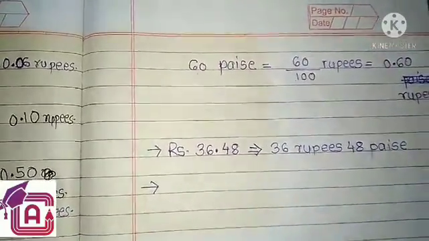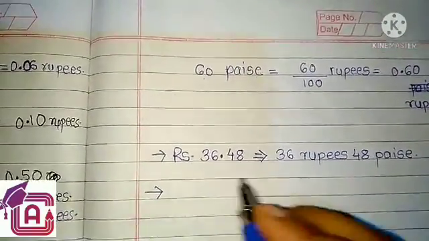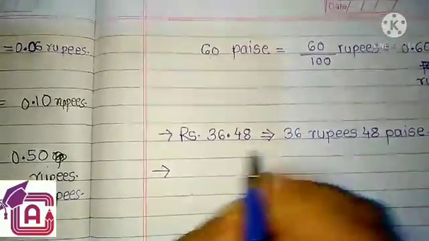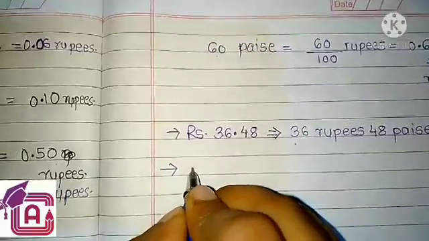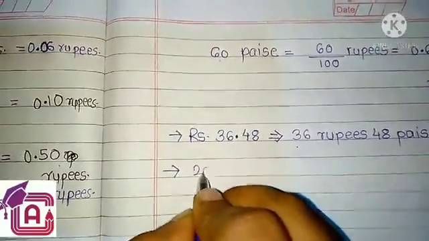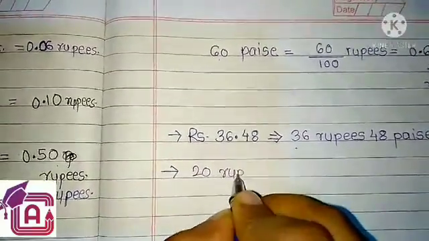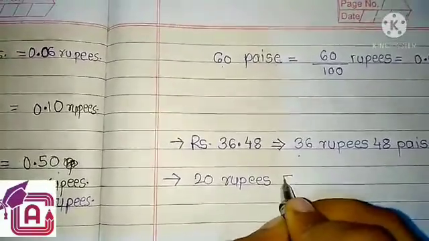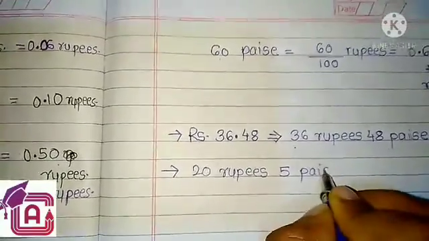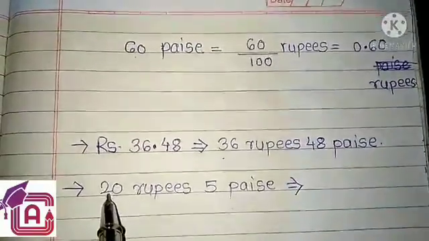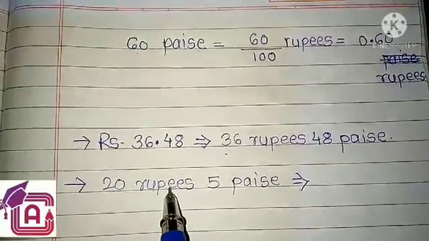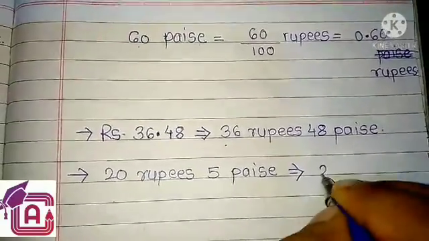Then if an amount is written in this format, how to write it? If the amount given is 20 rupees 5 paise, how to write it in rupees? If you have to write this total amount in rupees, what do we have to do? How many rupees are given? 20. Yes, 20.